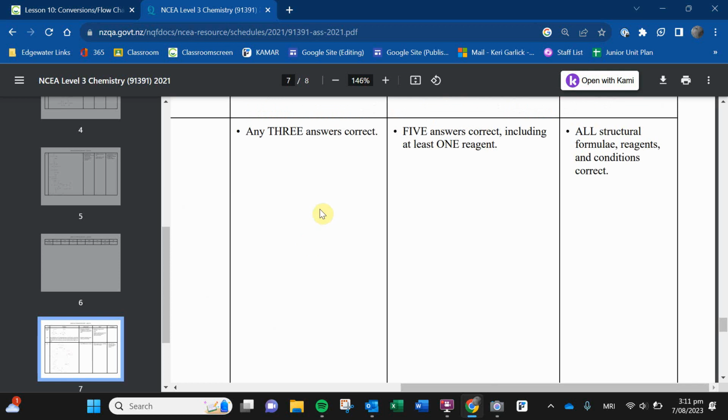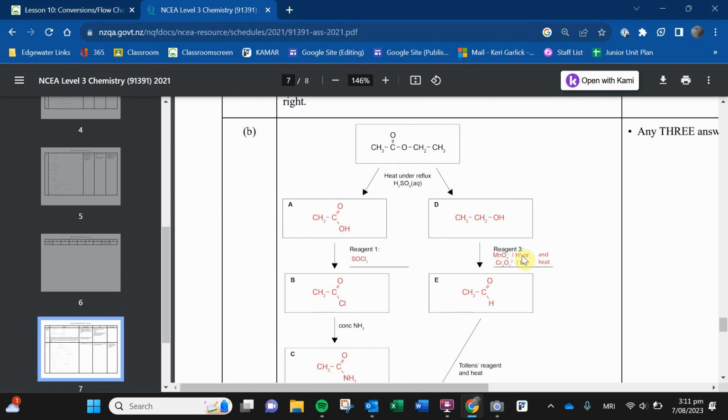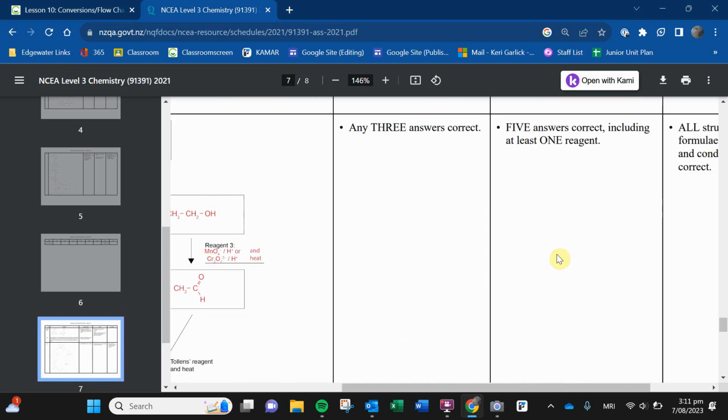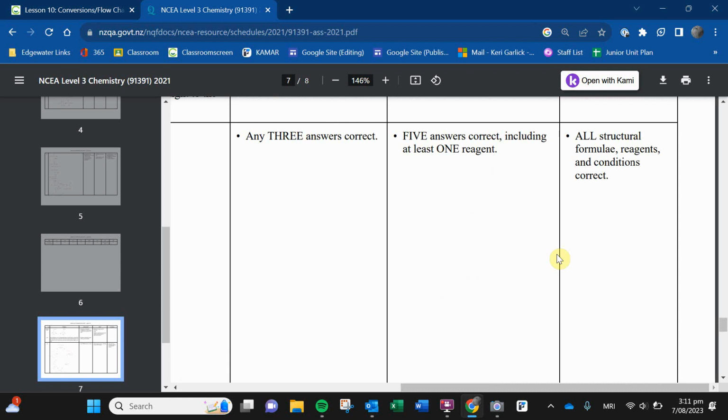Any 3 answers that are correct on that table would be enough for an achieved. 5 correct answers, one of which needs to be a reagent. There were how many questions on there? 1, 2, 3, 4, 5, 6, 7, 8. You just need 5 out of 8, one of them being a reagent, to get a merit point on that. And then excellence is getting all of them.